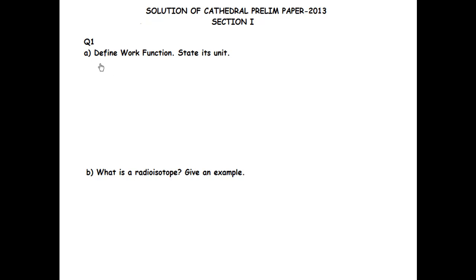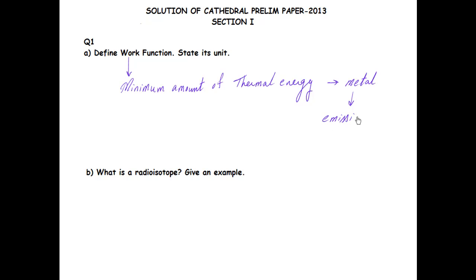The first question, define work function. I guess everybody knows work function is the minimum amount of thermal energy which should be provided to a metal so that emission of electrons takes place from its surface.